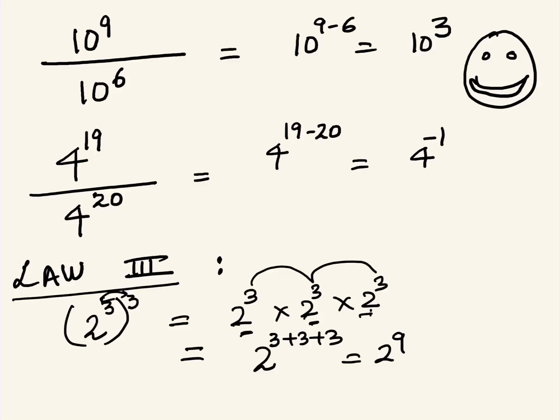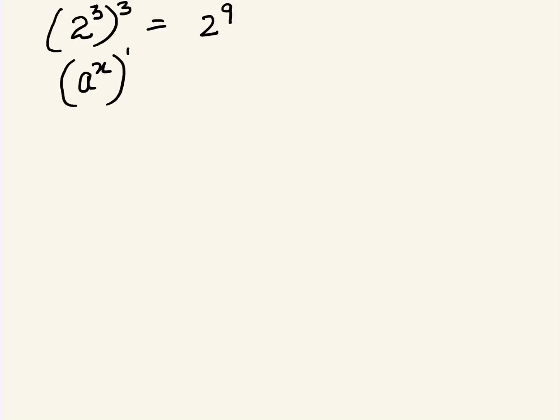So can you tell me the general rule for this then? So let's see over here. 2 to the power 3, to the power of 3 is 2 to the power 9. Correct? So if I have a to the power x, to the power y, the base is the same. It's power upon power.